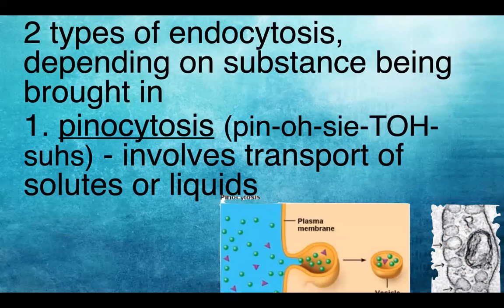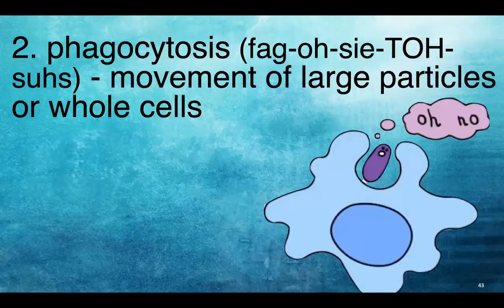You don't really see pinocytosis being referred to very much. Like, I think besides this chapter, there's no other situation where it's mentioned. But just to distinguish it from the other kind of endocytosis, which does get talked about a lot in other chapters, which is phagocytosis. Phagocytosis is moving large particles, but for the most part, it's whole cells.